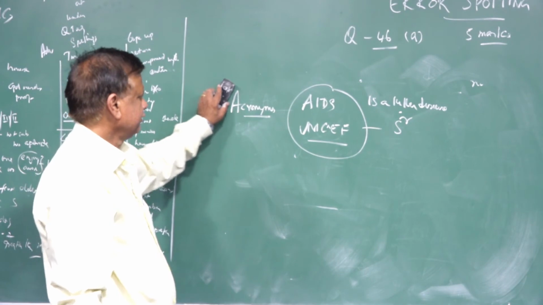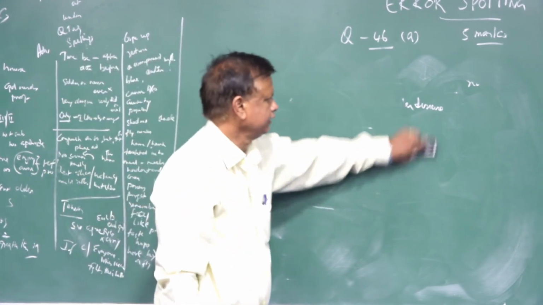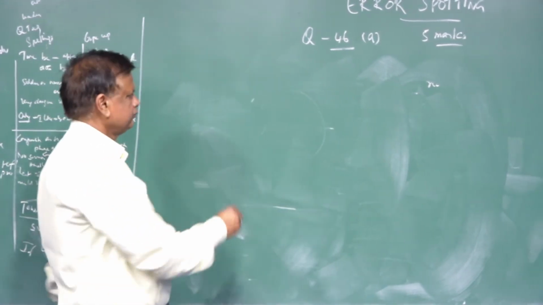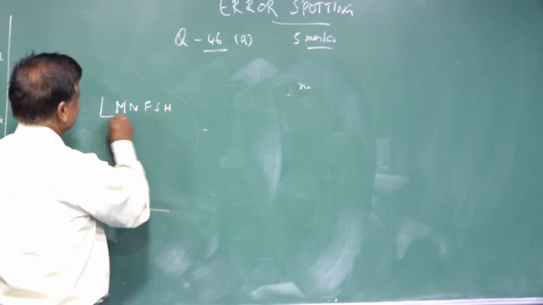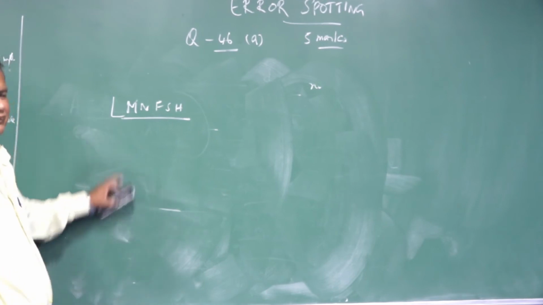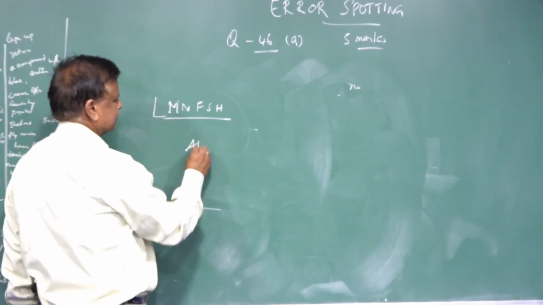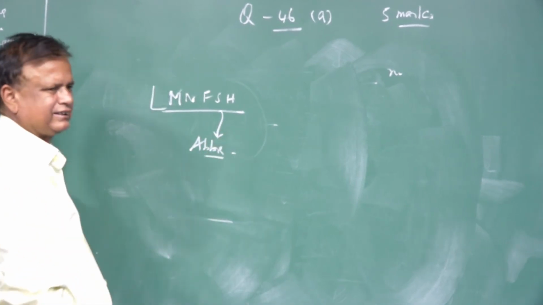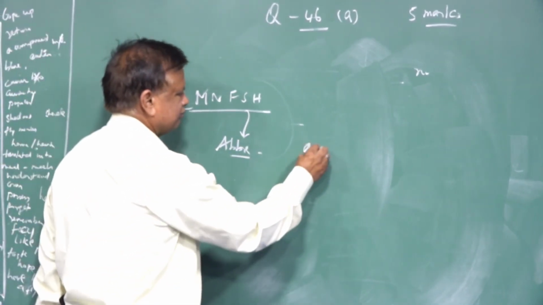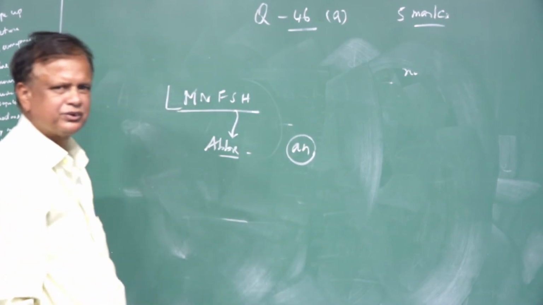And finally, the last thing in the articles that you should remember is this formula, LMNFSH. When any abbreviation starts with one of these letters, you use AN.